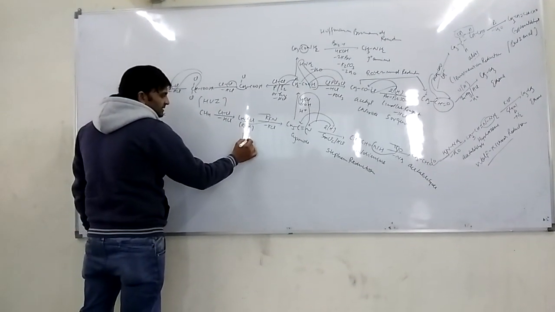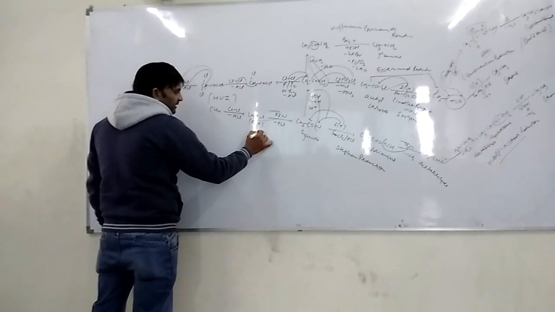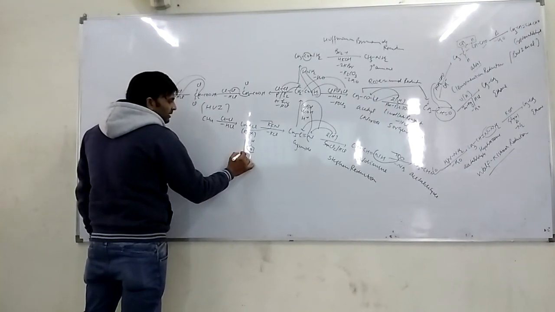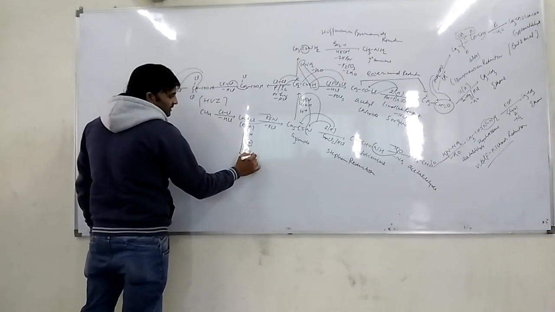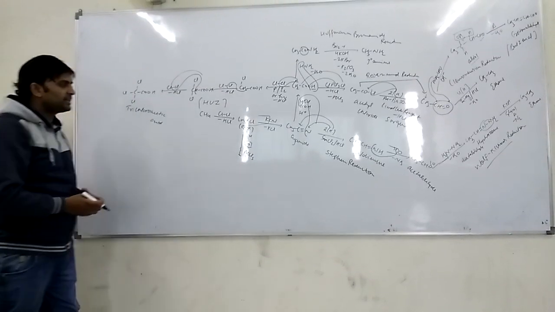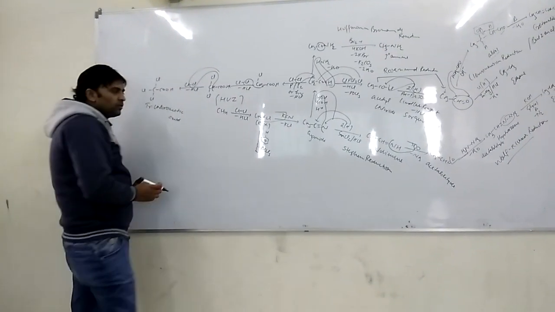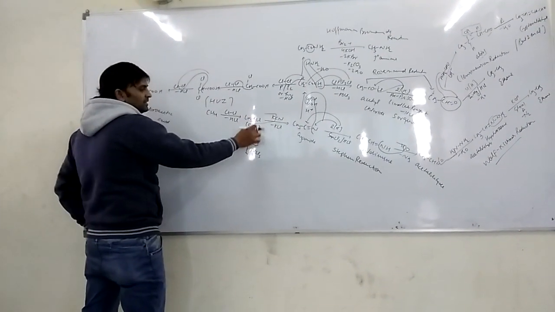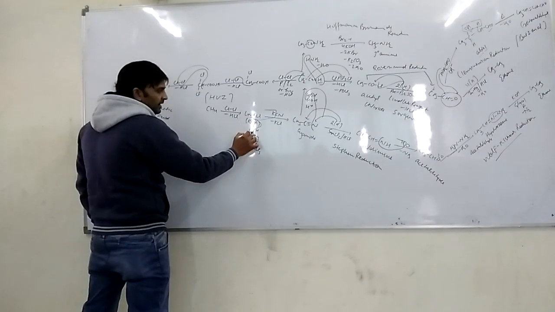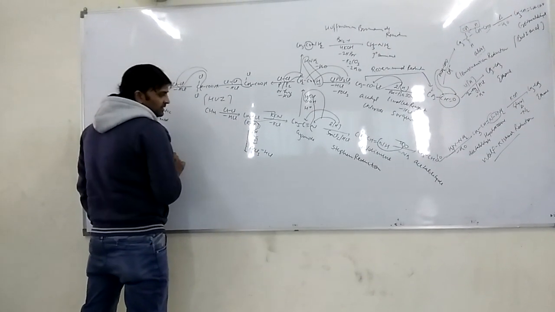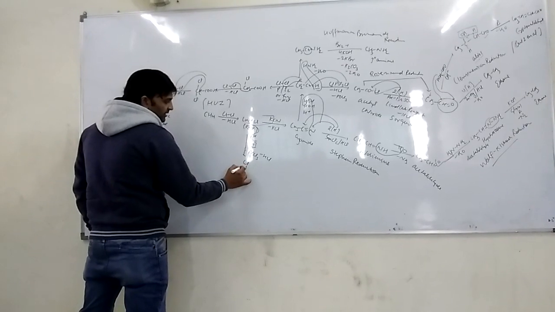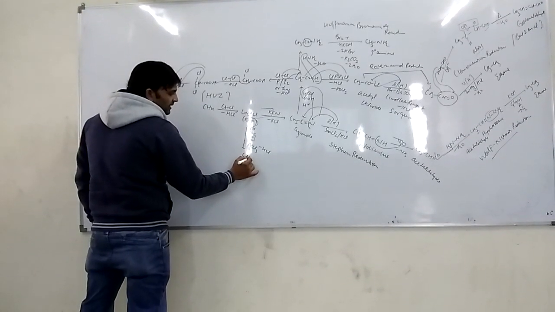Now this CH3Cl is an alkyl halide, RX. If this CH3Cl is treated with benzene in presence of AlCl3, this AlCl3 is a halogen carrier. So when this alkyl halide CH3Cl reacts with benzene, it releases HCl. You can see this is an electrophilic substitution reaction, and it forms CH3.